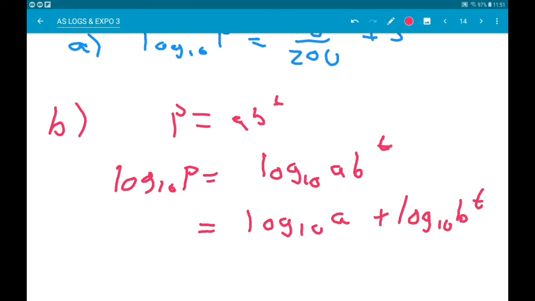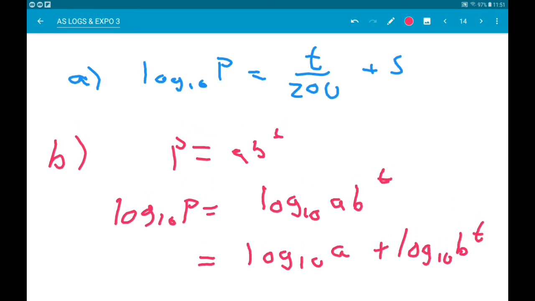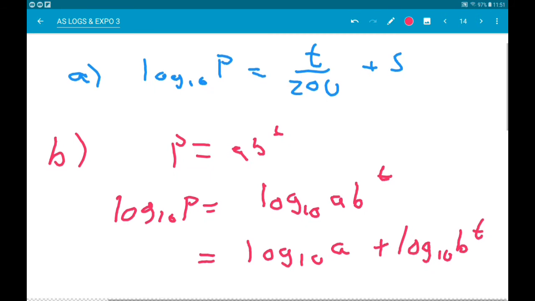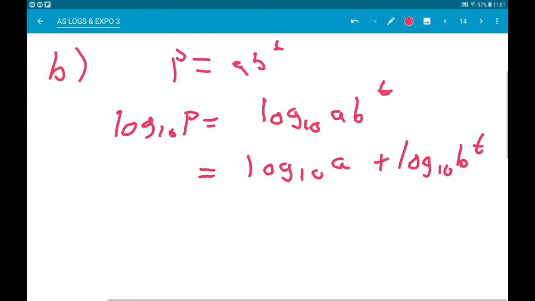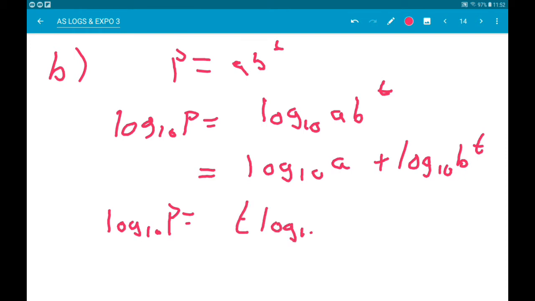So to make it more relatable to the equation of the straight line from part A, I'm going to write this as log 10 P is equal to t log b add log 10 of a.